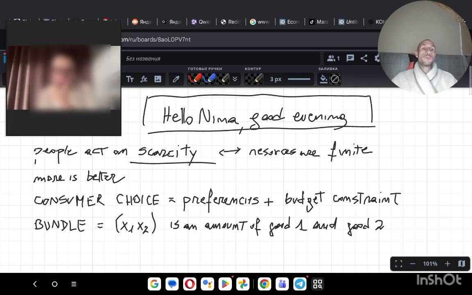So when we talk about bundles, we talk about preferences. When we talk about preferences, we think that they are complete. So for each type of bundle, you are always able to say whether one bundle is more or less than another one.